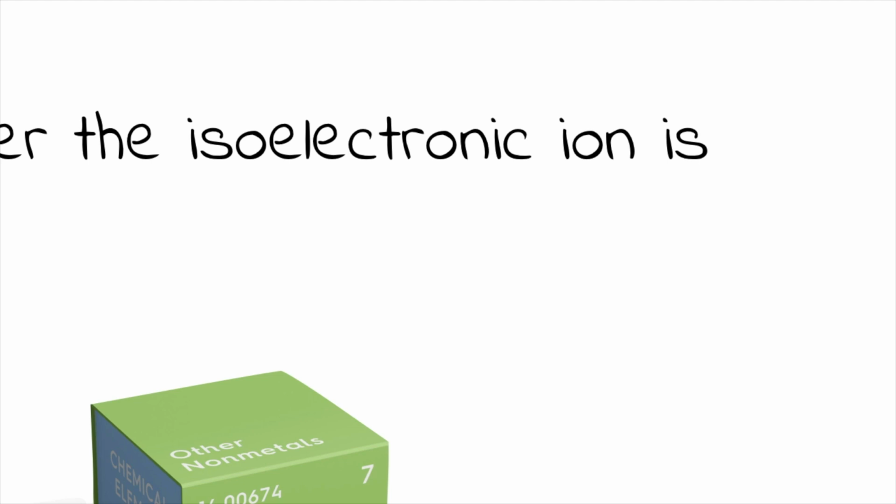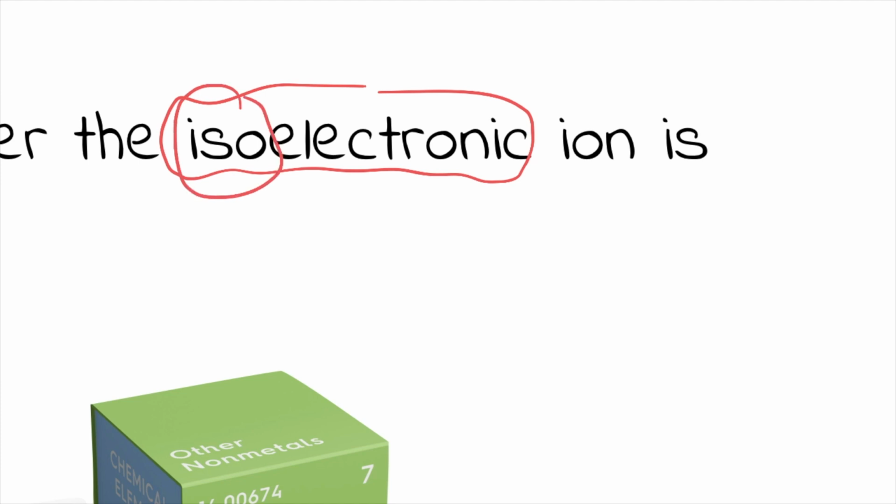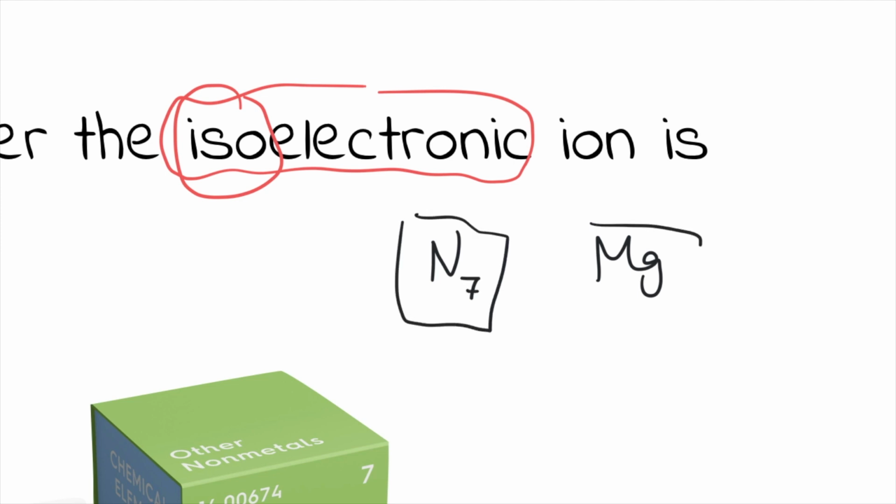I am now going to introduce you to a new term. It's called isoelectronic. Iso means similar, and electronic refers to the number of electrons. Think about it this way. If you have nitrogen and magnesium, nitrogen in the periodic table has 7 protons and 7 electrons, and magnesium has 12 protons and 12 electrons.